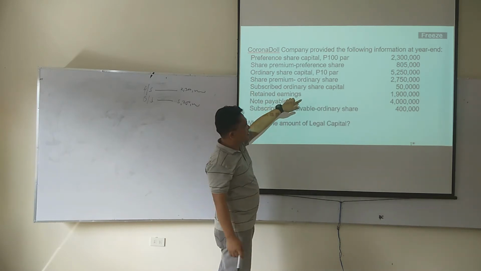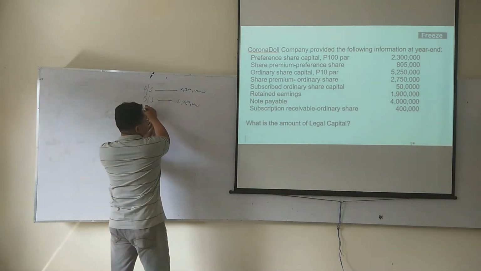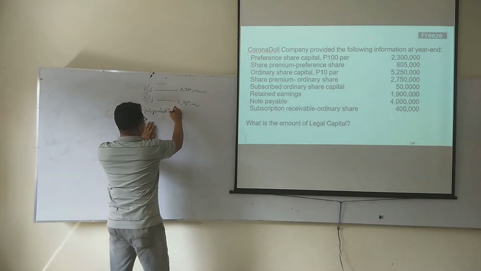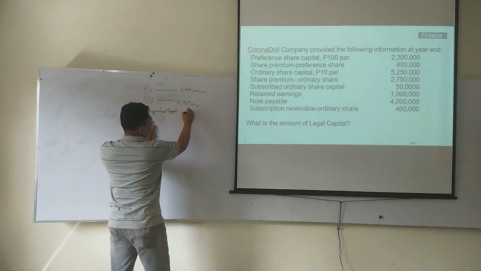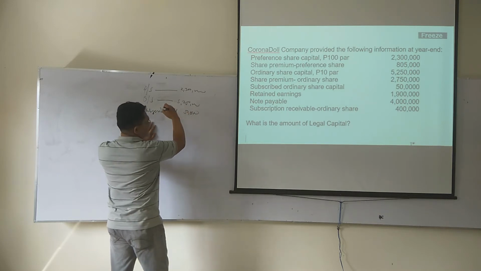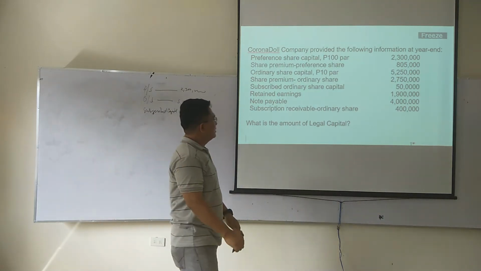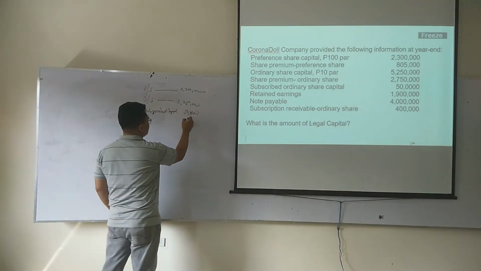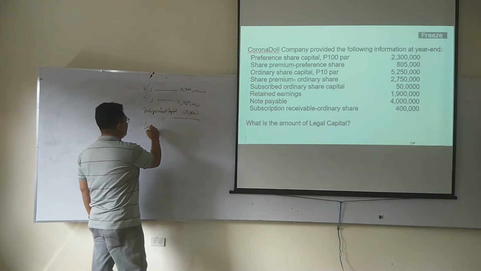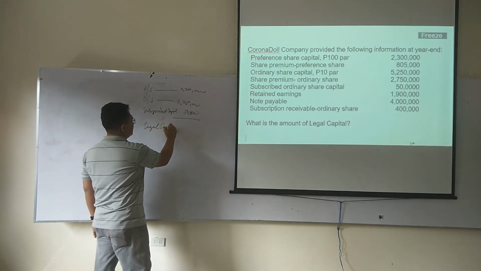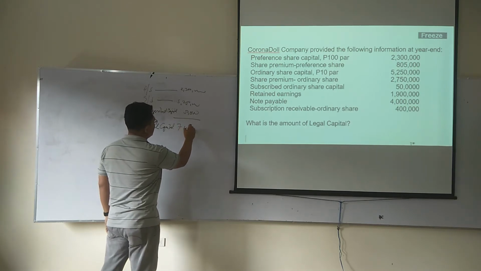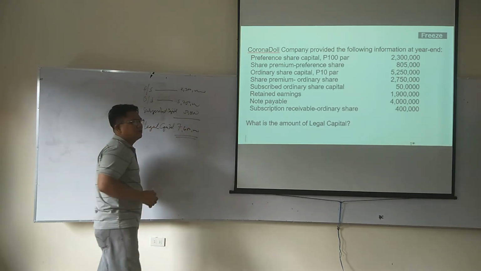Ordinary shares are counted. Subscribed capital shares, of course, are counted. Subscribed capital of 50,000. So our total legal capital is 7,600,000.